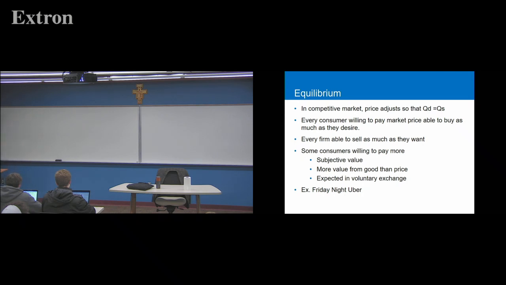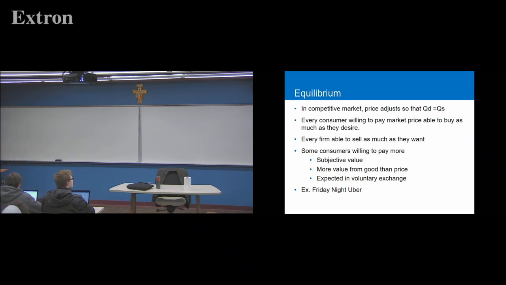Now, some consumers are going to be willing to pay more than what they actually end up paying. Again, this is because of subjective value, that they value it more than the price it's being sold at. But because of equilibrium, it's at that certain price to maximize the firm's profit. They're getting a deal, so to speak.